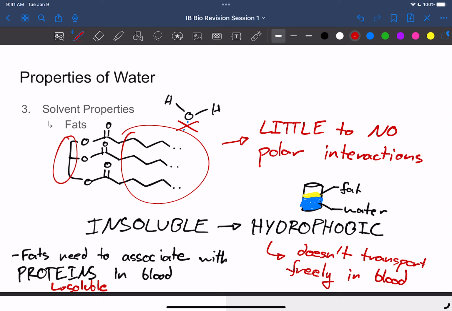So that allows it to be transported through blood. And an example of this is something like albumin. You need your albumin in order to transport fatty acids. Or something like lipoprotein, like your good and bad cholesterol. This is how your fats are transported throughout your blood.